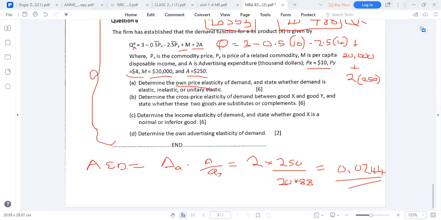It means there is a very small impact, very limited effect that advertising has on consumer behavior. So in a very competitive market, it is very ineffective to advertise.